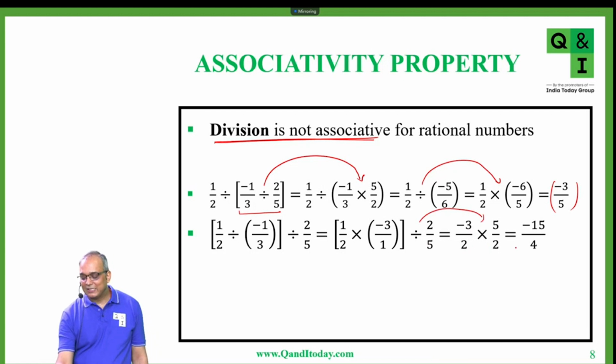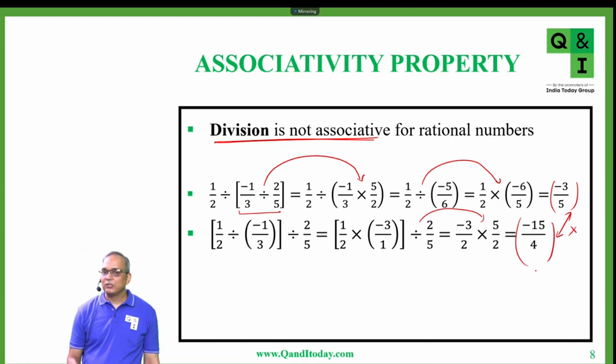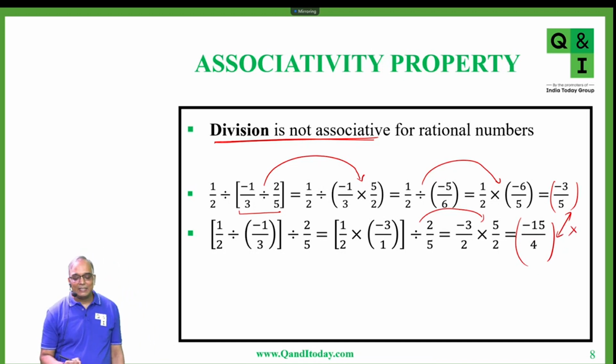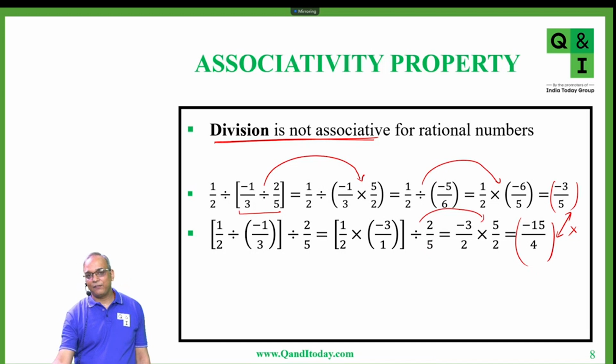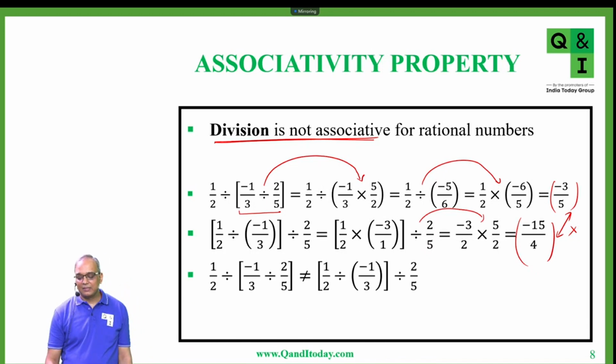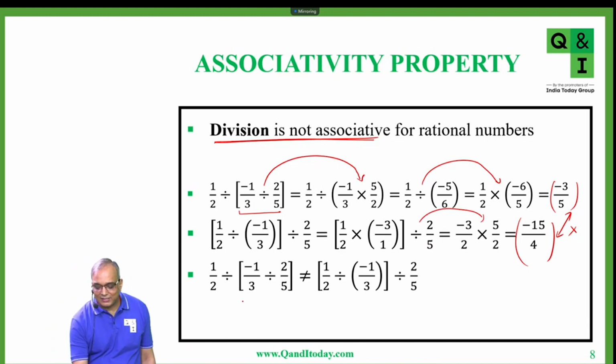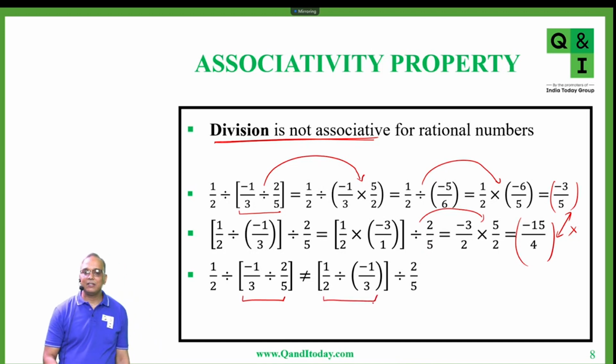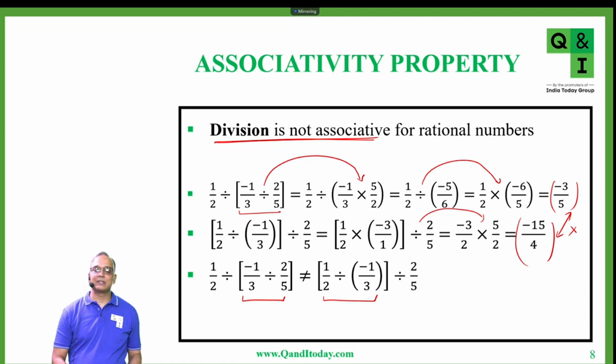So this is going to give you -15/4. Now these two numbers are not same. So that's why we say that division is not associative for rational numbers. So when you divide second and third first, that will not be equal to the result of division of first and second term first. Is it clear, students?